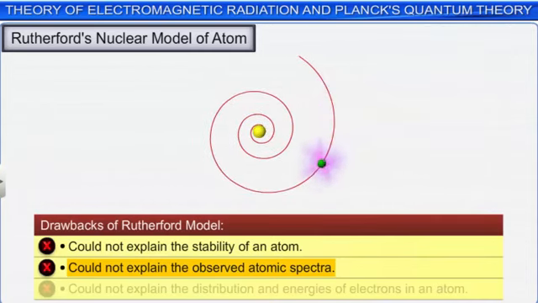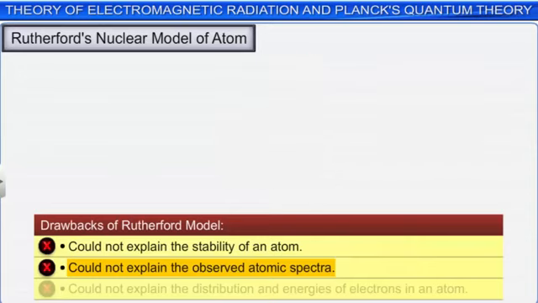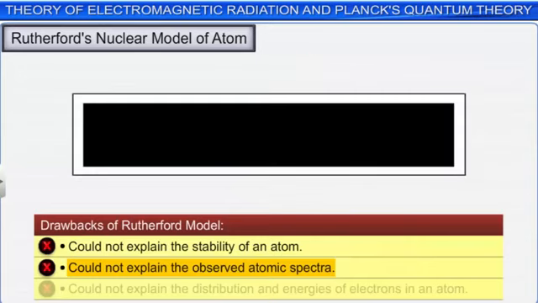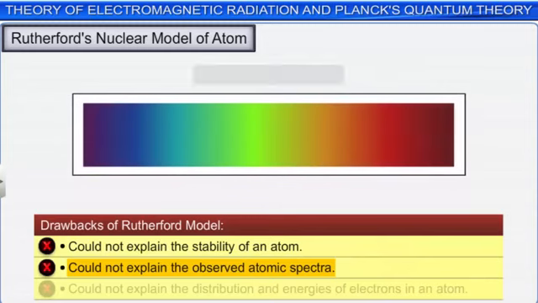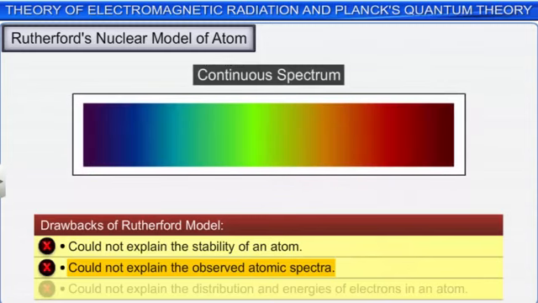This is because, according to the electromagnetic theory, an accelerated electron continuously emits energy, and ultimately it falls into the nucleus along a spiral path. As the electron is emitting the energy continuously, the spectra of such an atom also should be continuous.